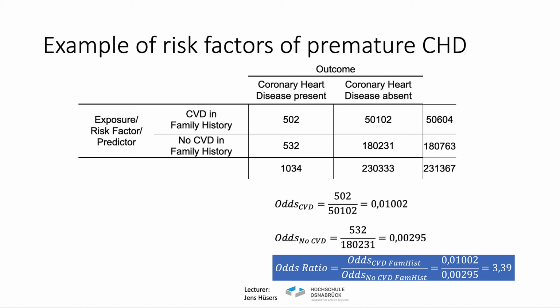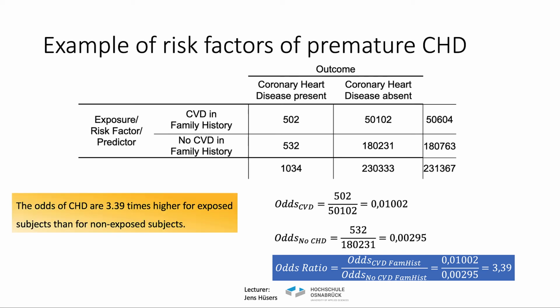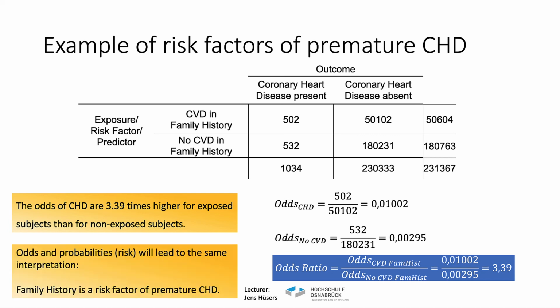This odds ratio is 3.39. The odds of CHD are 3.39 times higher for exposed subjects than for non-exposed subjects. As we see, odds and probabilities, or risks, will lead to the same interpretation. Family history is a risk factor of CHD.